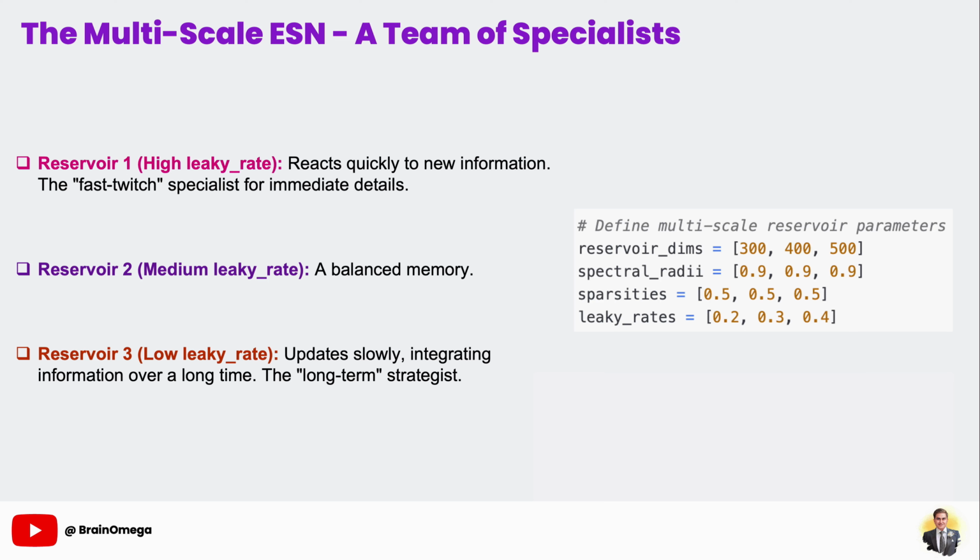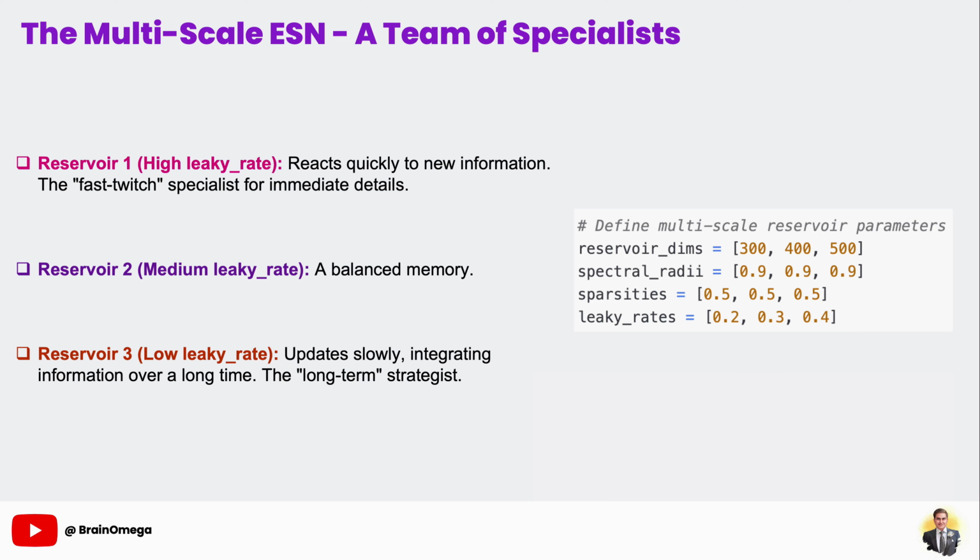To make a good decision, you need to process information at different speeds or timescales. For the cart pole problem, the agent needs to react to very fast changes, like a sudden wobble of the pole. But it also needs to be aware of slower moving trends, like the cart consistently drifting too far to one side of the track.